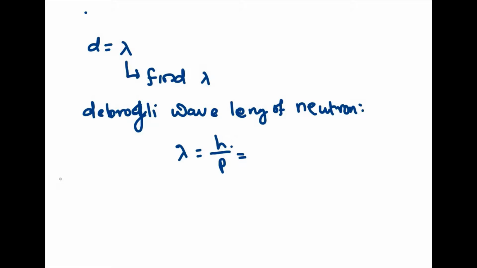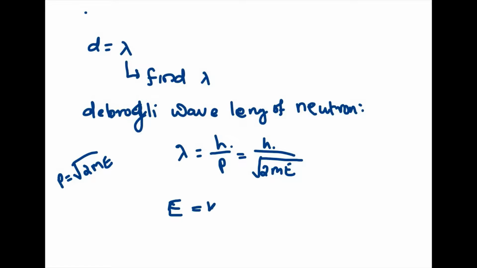We already said that p we can write as root 2m into energy, so h by root 2mE. Here we can replace E by kB into T, where kB is the Boltzmann constant and T is the absolute temperature. So lambda equals h by root 2m kB T.